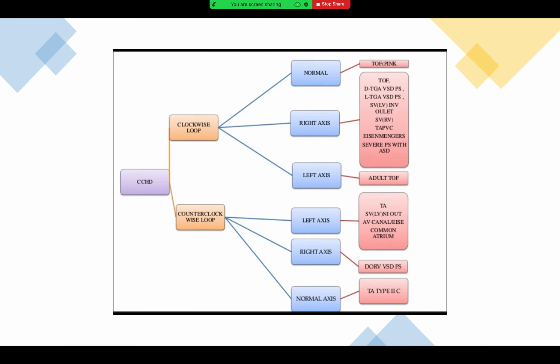Okay, and if it is going to be counterclockwise loop, again you try to see the axis of the ECG. Is it a left axis, right axis, or normal axis? If it is right axis, your diagnosis is limited to DORV, double outlet right ventricle, VSD, or pulmonary stenosis. Otherwise, if it is normal axis, it can be like type 2C.